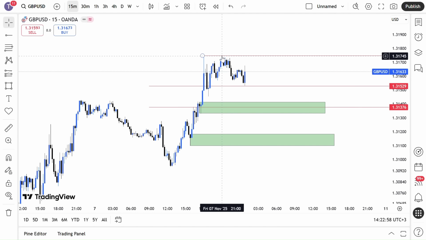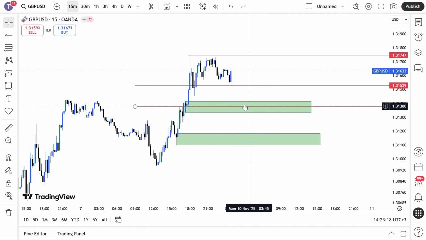When the price cleared this highs liquidity, it failed to go above it, and that is why we have this pullback. So if price comes down to take the liquidity on this low, I am sure the price will tap into this order block and we will have a reaction to the upside.